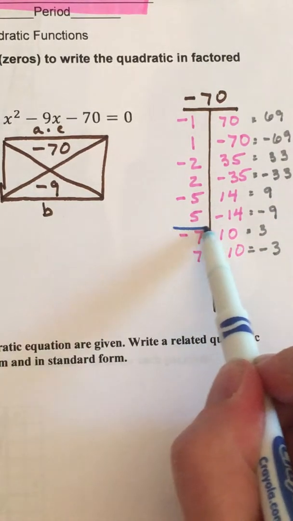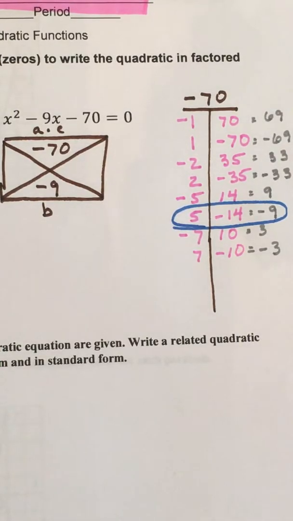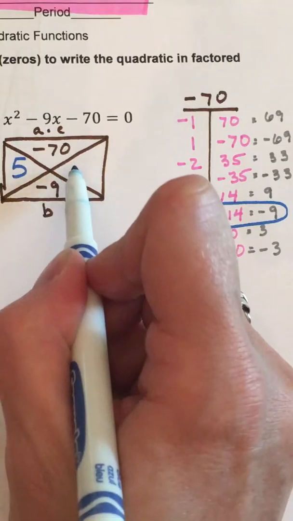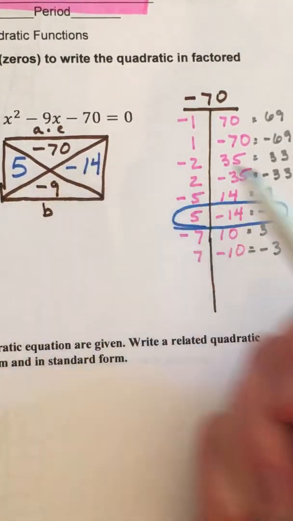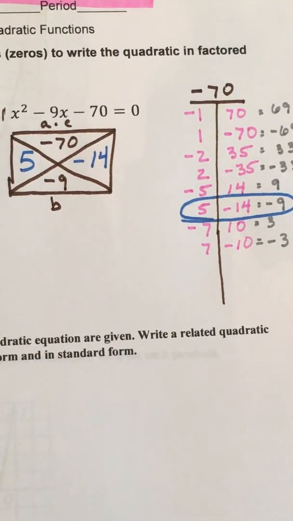That is what I've been looking for. So this 5 and -14 is what goes in what I refer to as the wings of my box. There they are in the wings. We've done the hard part. The hard part is over, so now we're just going to finish this up.